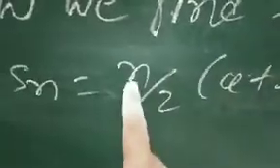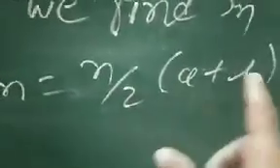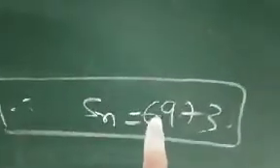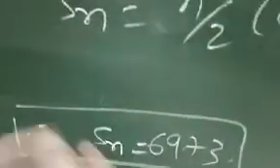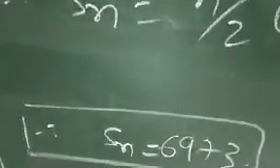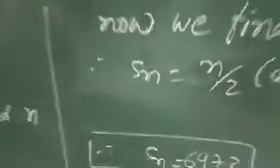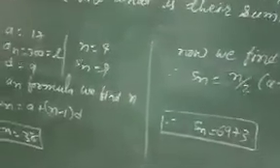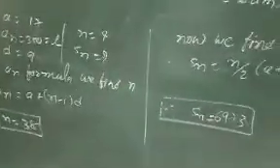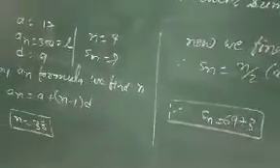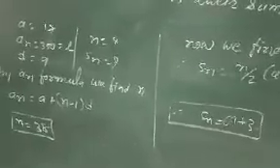Number of terms we have, first term we have, l we have, so we find Sn, and you get Sn is equal to 6973. So you do the simplification and try this and get the answer. This is answer number 6, but you solve properly as you put the values in the formula.